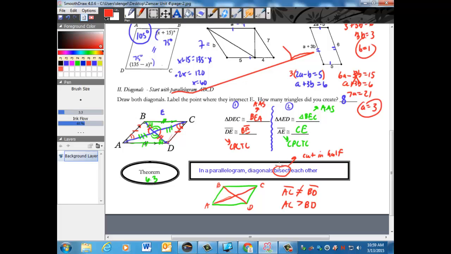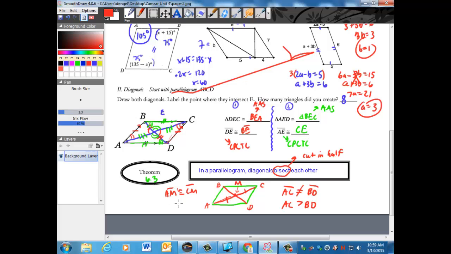But what we're saying here is that this point at the middle, let's call this point M, is the midpoint between both segments, or between both diagonals. So what you can say is that AM, and again, M is this point here, AM is congruent and equal to CM because it's on the same segment, same diagonal.